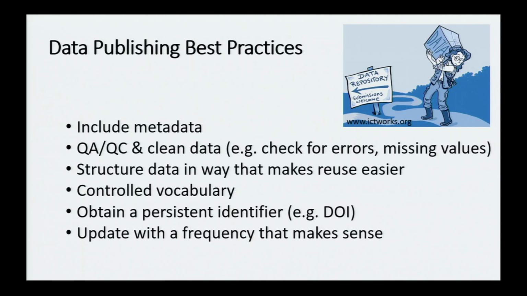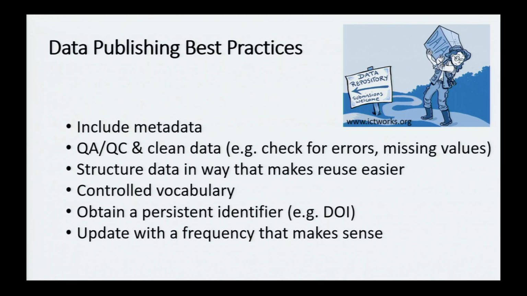I hope by the end of the metadata presentation that you felt sure that it's important. Additionally, the QA/QC and clean data, that you need to do before submitting, as well as data repositories sometimes have tools available for checking errors as well. But you shouldn't rely on that. You should already have done a lot of QA/QC in-house beforehand to make sure that you're putting data of high integrity out there.